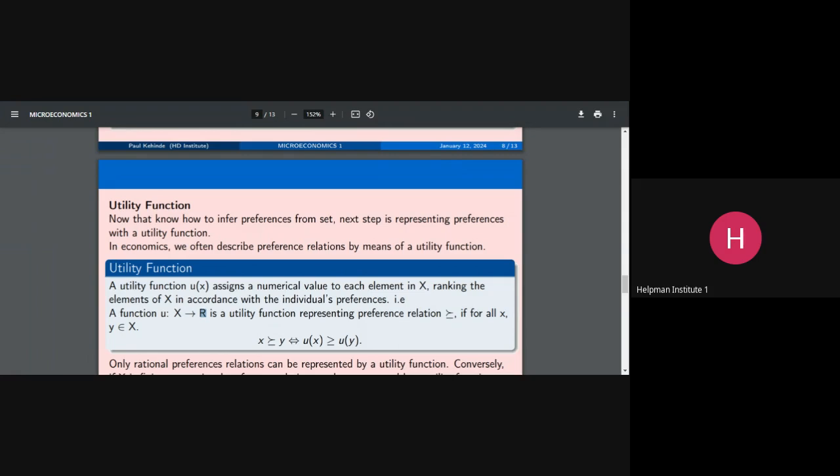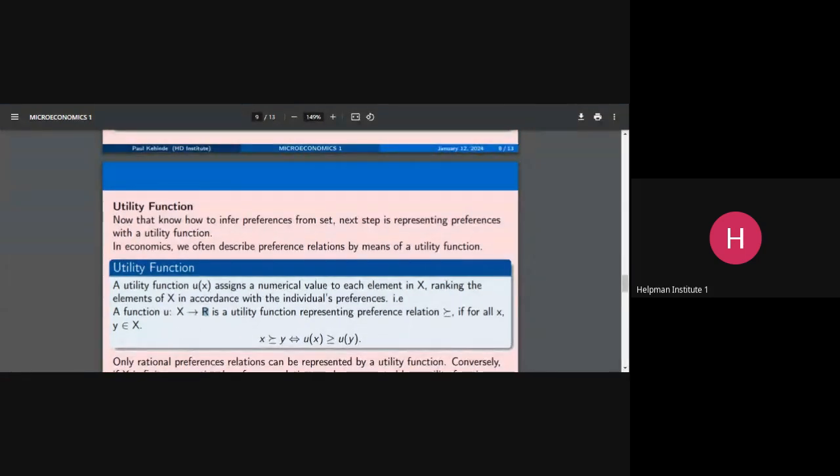So whenever we are assigning these numbers to our utility, our preference set, okay? That means we've assigned a function. So we denote it by small u. You can see this expression is read. Let me read this expression for us. This expression is read that u, which is the utility function, is defined.